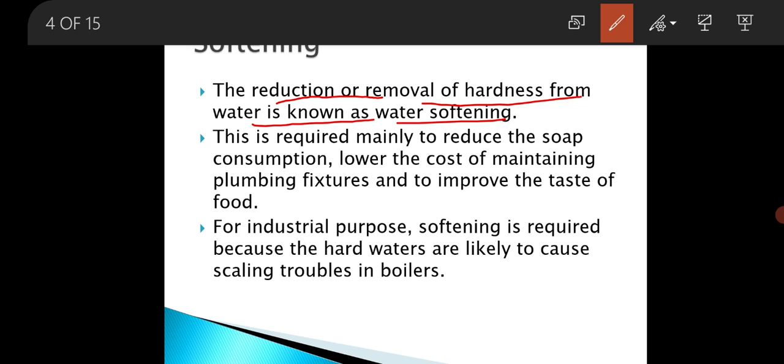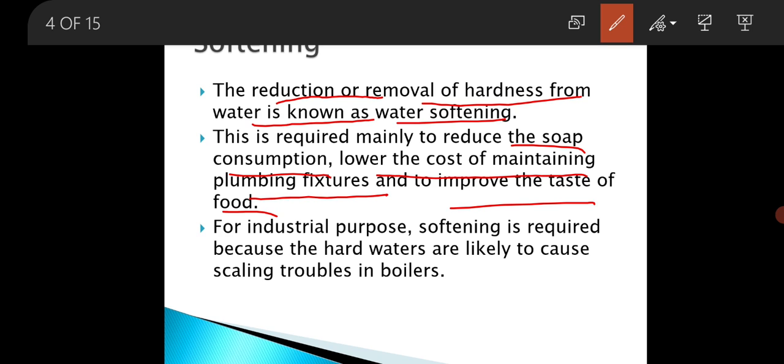But the advantage of softening lies mainly in the reduction of soap consumption, lowering the cost of maintaining plumbing fixtures, and improving the taste of food preparation.